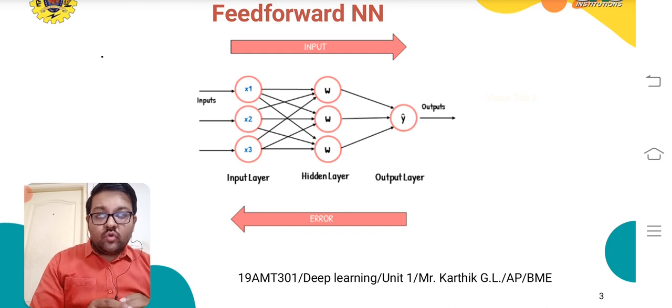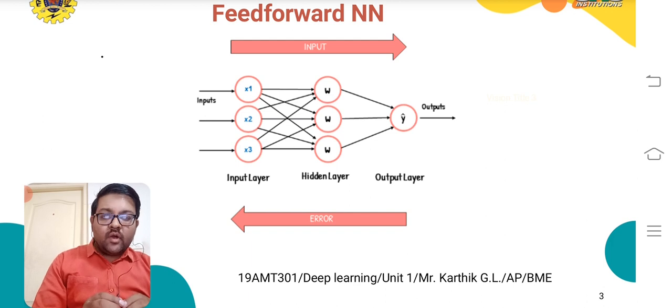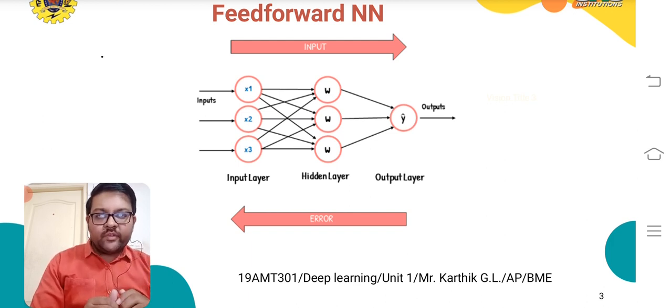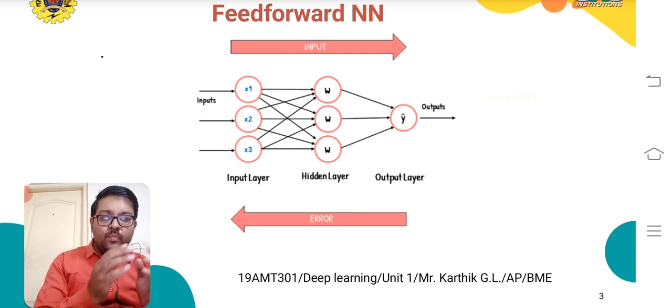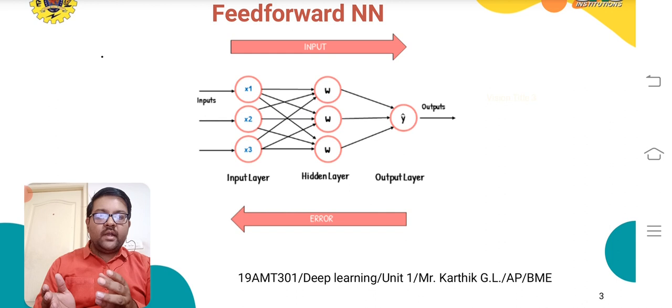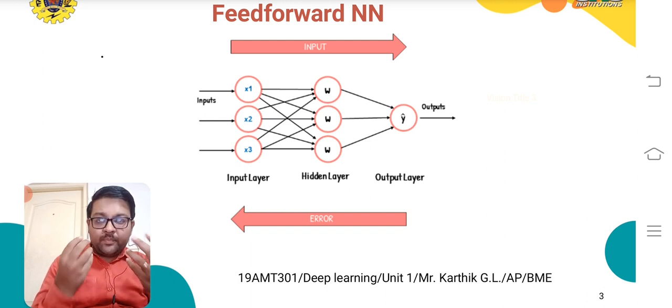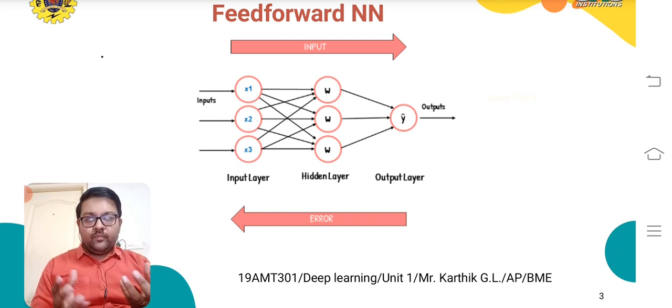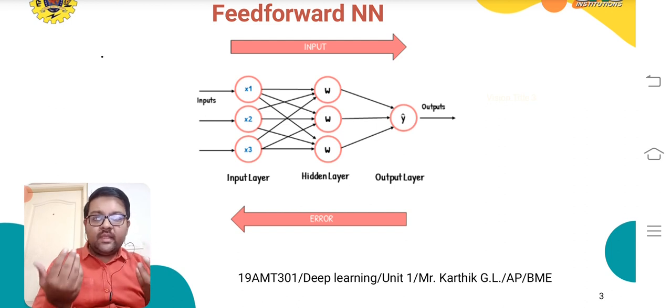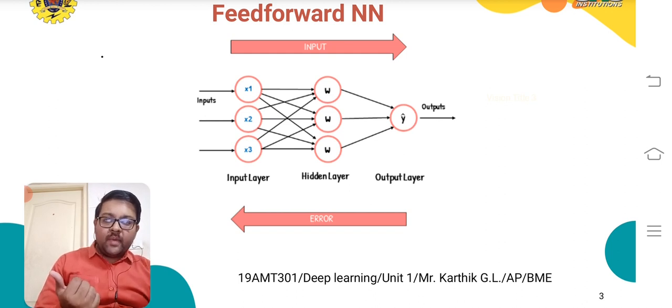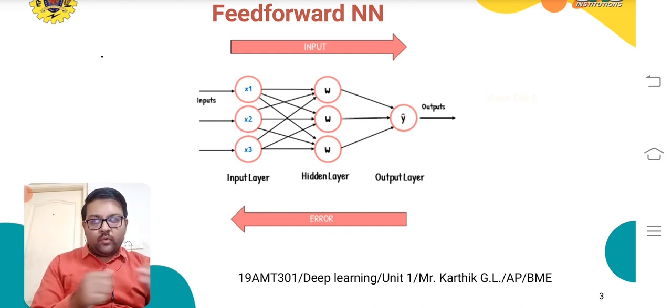And we should know whether the output is correct or whether there is any error. For that, a strategy called back propagation is applied, where we go back from the output layer to the hidden layer, and in turn to the input layer, and we analyze the difference between the expected outcome and the output. So we basically analyze what the error in the output is. Back propagation means going back from the output layer to the input layer.